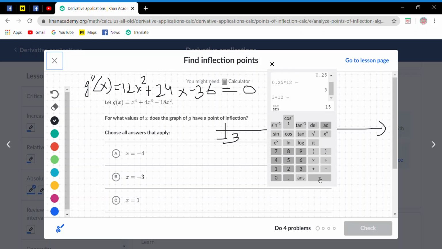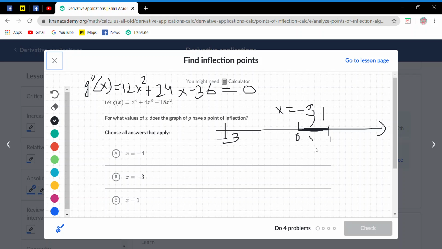This is equal to 15 minus 36, which is minus 21. So it is negative in this interval, and the same check applies from 1 to infinity.